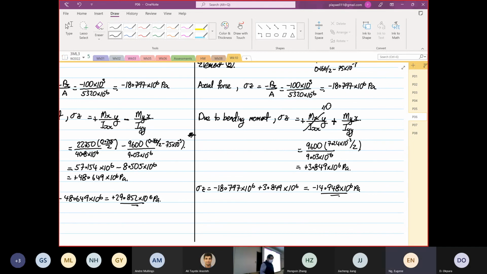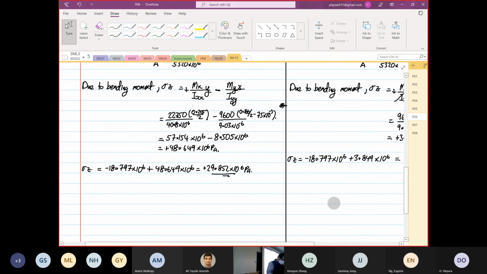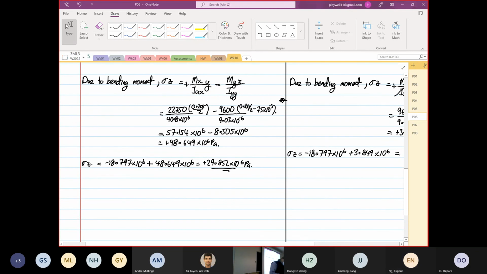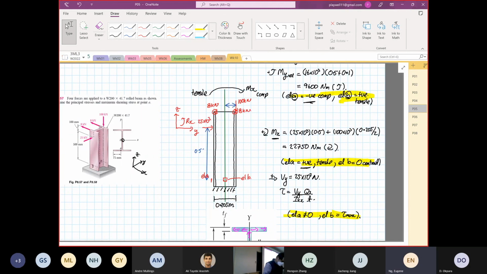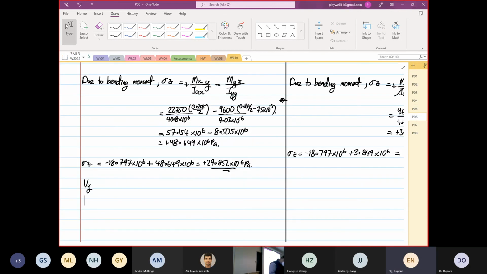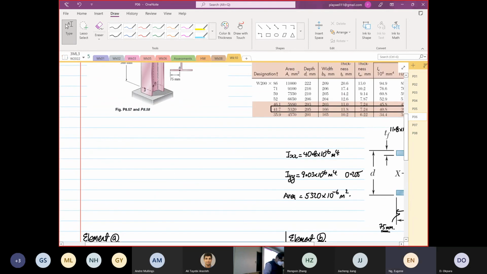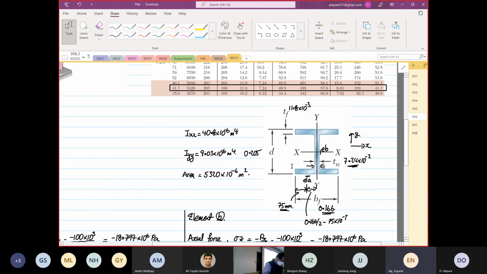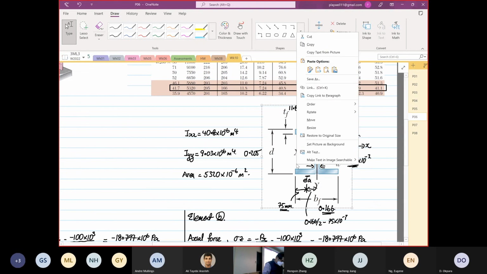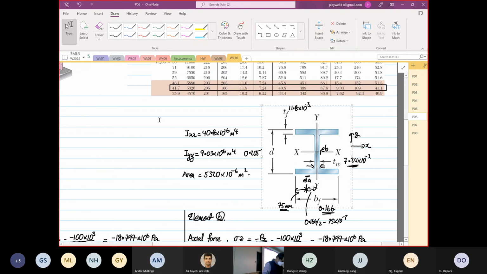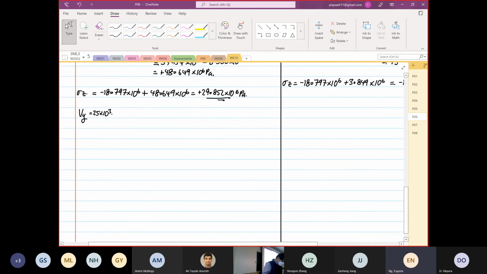Okay, so the next one, we want to look at Vy. From our analysis, Vy is equal to 25 times 10 to the power 3. So I'm going to copy this diagram. I need this diagram now.